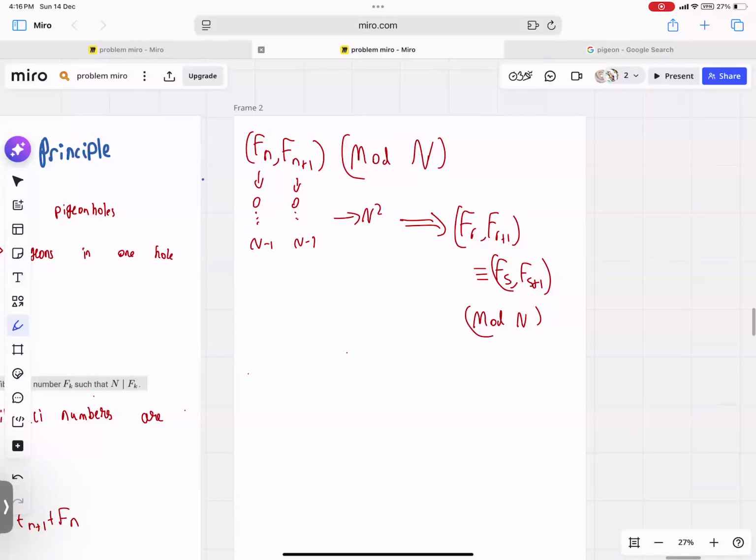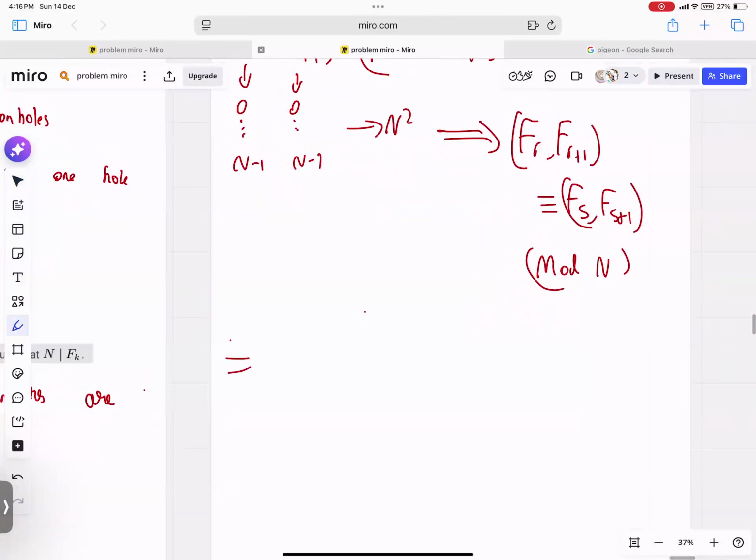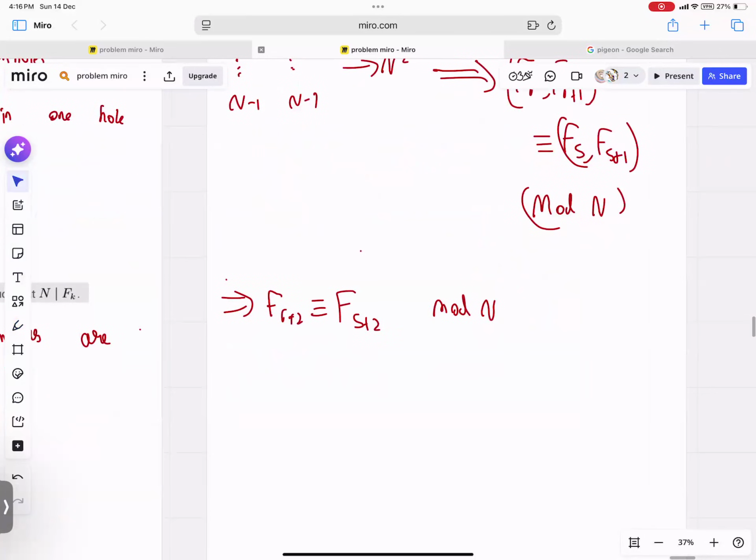Yes, it's eventually periodic, because now we have f of r plus 2 is equivalent to f of s plus 2 mod n. And then we can easily show from a simple induction that f of n plus r minus s is equivalent to f of n modulo capital N.